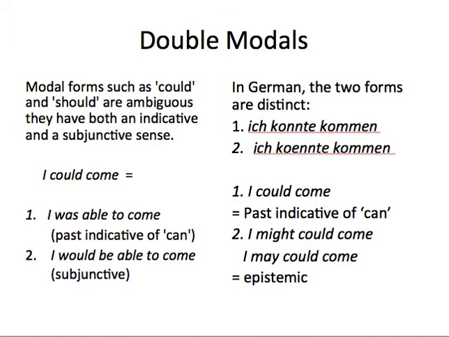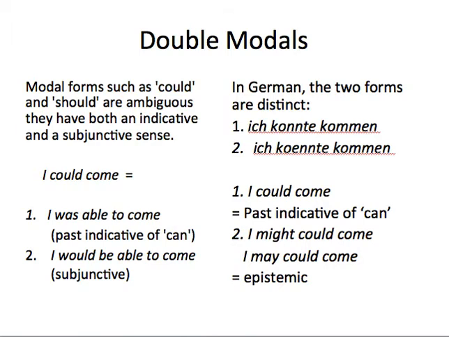So the first one, the indicative, is distinguished from the subjunctive. The first one there is I could come, which is the past indicative of can. And the second one we can capture as I might could come or I may could come, okay? Which has an epistemic meaning.